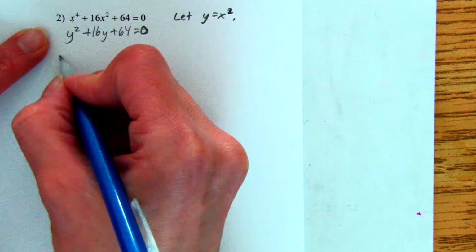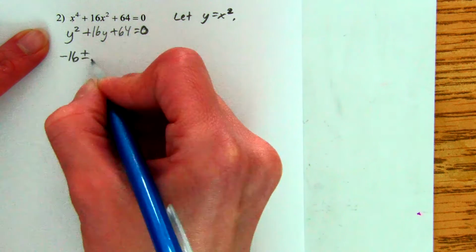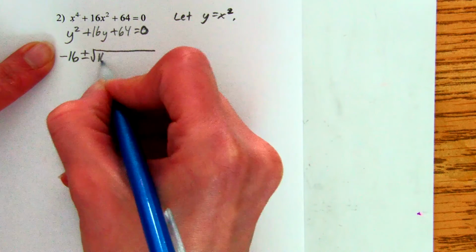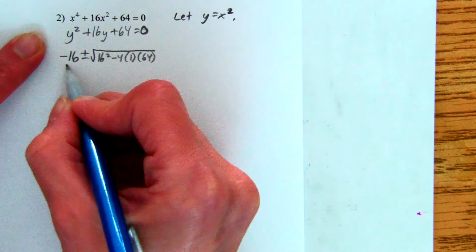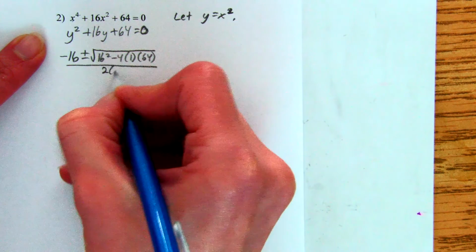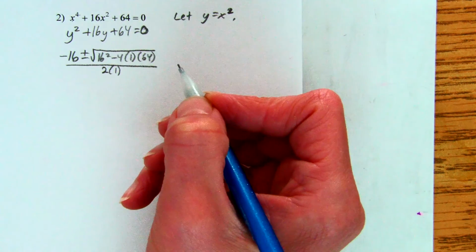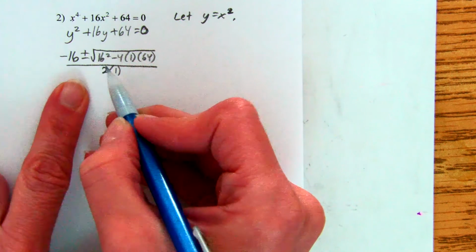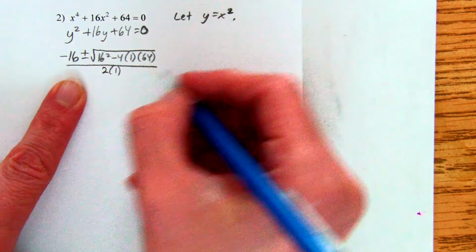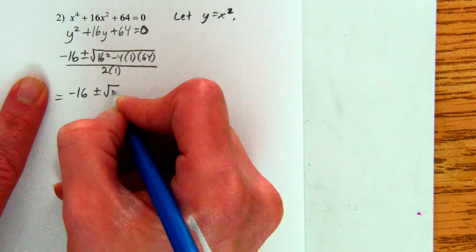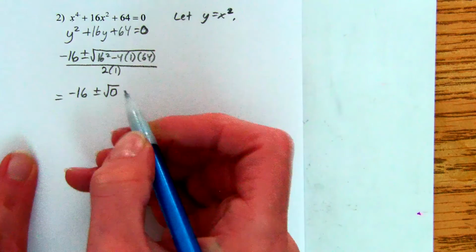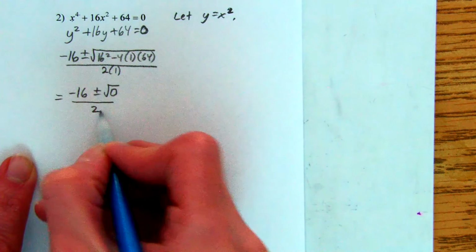So let's do that. Negative 16 plus or minus the square root of 16 squared minus 4 times 1 times 64, all over 2 times 1. If you do the math in here, what actually happens is we get negative 16 plus or minus the square root of 0, which is interesting, over 2.